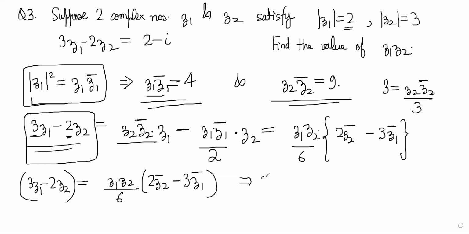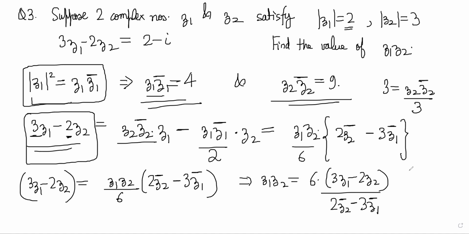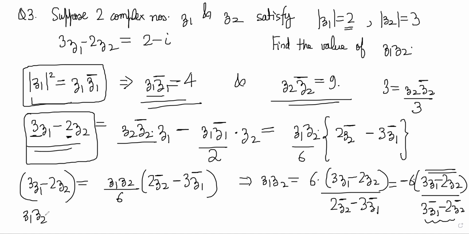And I will say this implies z1 z2 is equal to 6 times 3z1 minus 2z2 by 2z2 conjugate minus 3z1 conjugate, right? So if you take the minus from here, it will become minus 6 times 3z1 minus 2z2 divided by 3z1 conjugate minus 2z2 conjugate. So now you can see that the top part is a complex number and the denominator is the conjugate of that complex number, right?